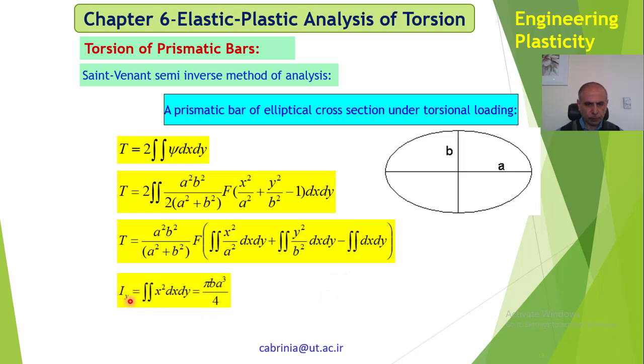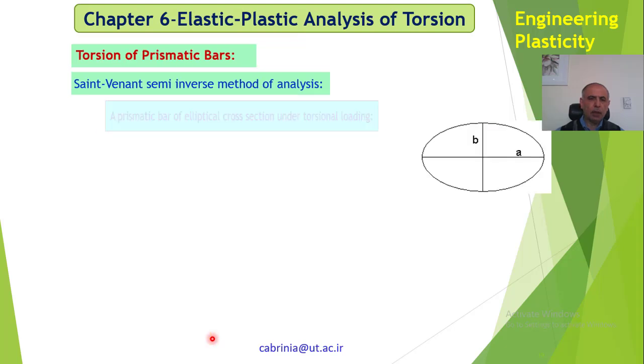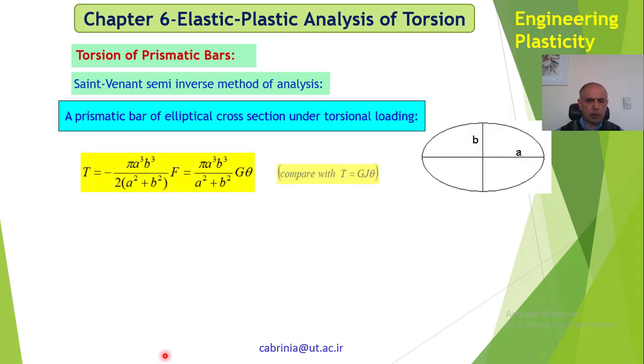Therefore if we substitute for Iy equal to pi b a cubed over 4, and for Ix equal to pi a b cubed over 4, and also for this area pi a b, we get T equal to pi a cubed b cubed divided by a squared plus b squared times G theta.